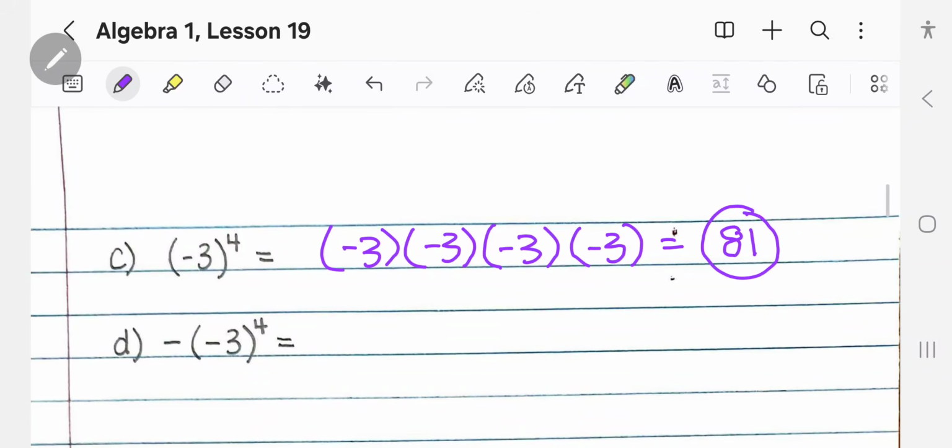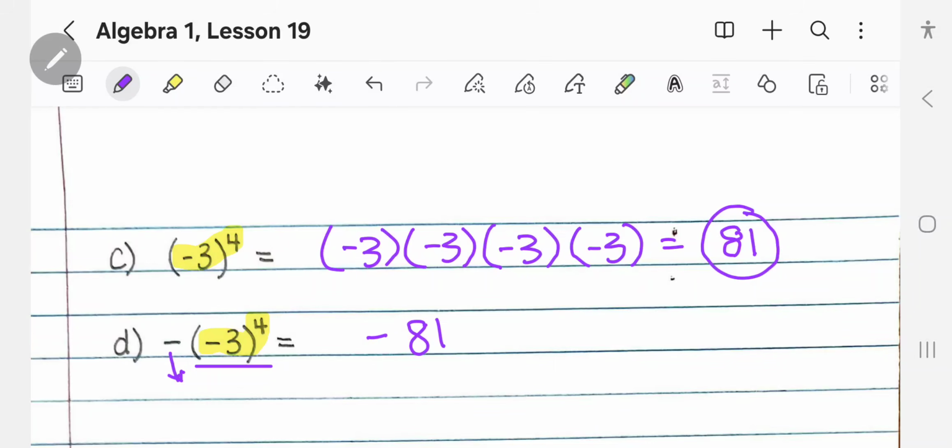This is tricky. They keep putting their trickies last, don't they? We need to be careful here. Let's just deal with this, which is exactly the same as what we just did. So we can simplify that as saying negative, or opposite, of what we got earlier.